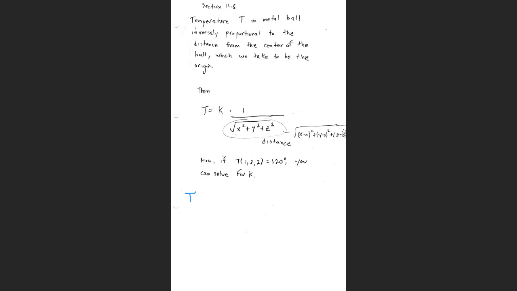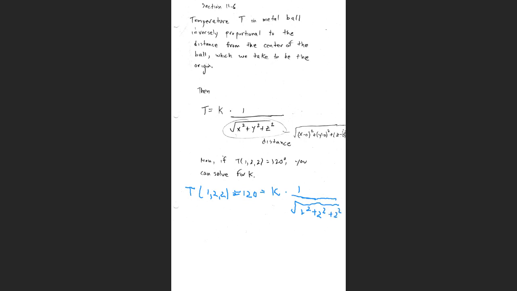So the temperature at (1, 2, 2) equals 120, and that equals K times 1 divided by the square root of 1 squared plus 2 squared plus 2 squared.